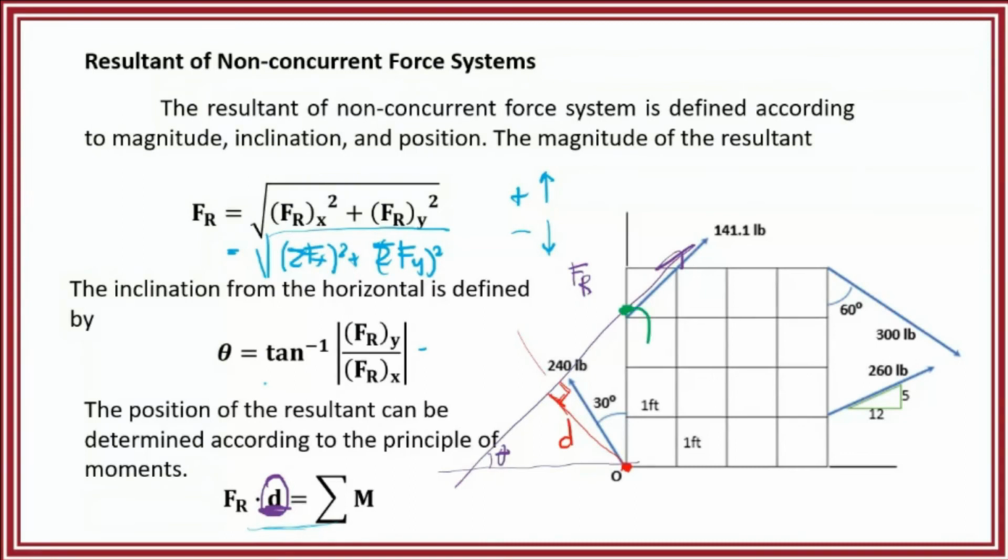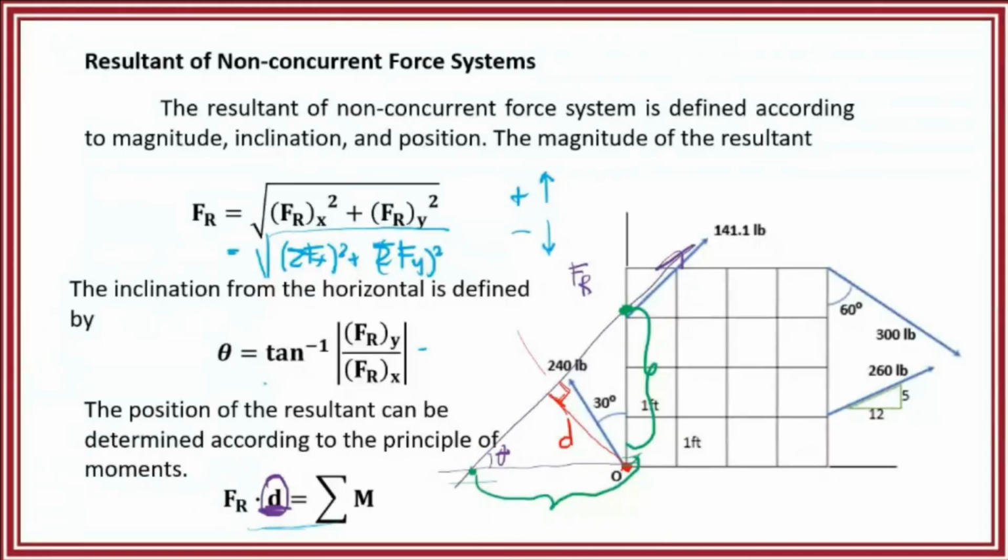This is the vertical distance, from the origin to the intersection. For the horizontal distance, find the intersection of the resultant force and the x-axis. To get these, you still use Varignon's theorem, or the principle of moments.